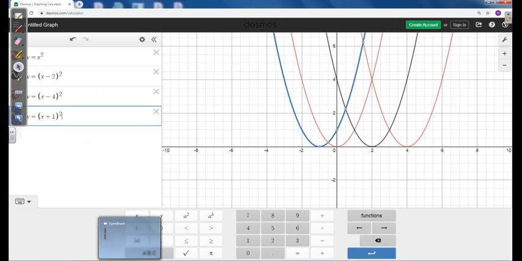You see the blue graph? I have a horizontal translation, 1 unit to the left. Compared to y equals x squared, you see that it has moved 1 unit to the left, and my vertex is negative 1, 0.